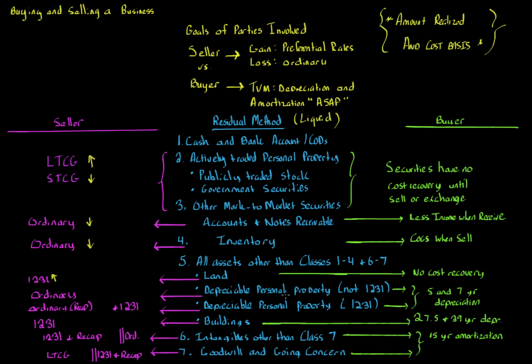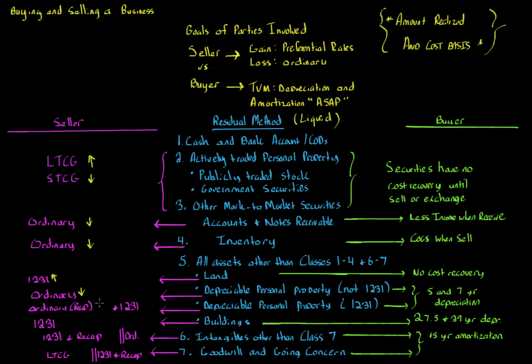If we have depreciable personal property that's not 1231, so it's not held for more than a year, then we want to value that as low as possible, because the idea is that the ordinary income property is going to create a higher rate, and this was held for a year or less, so you can't get that preferential. Depreciable personal property that is 1231 is interesting because we have to worry about the ordinary depreciation recapture, and the rest will be 1231.